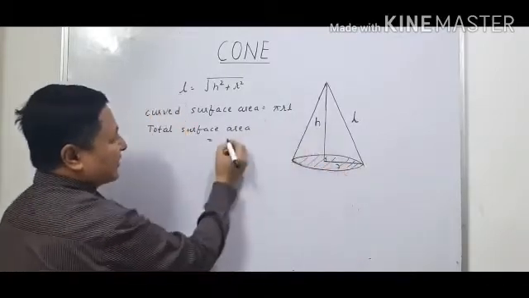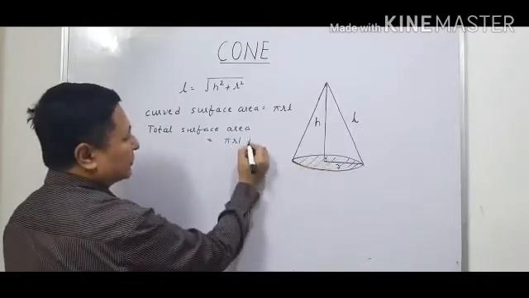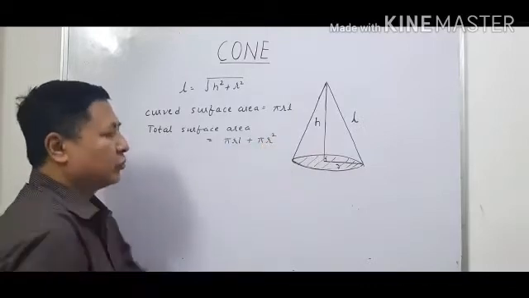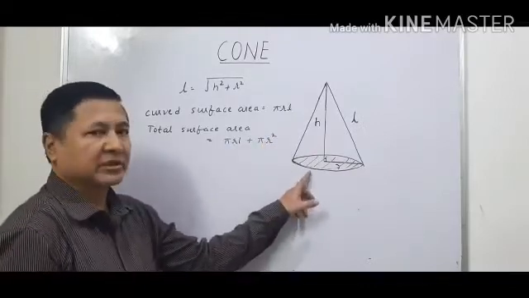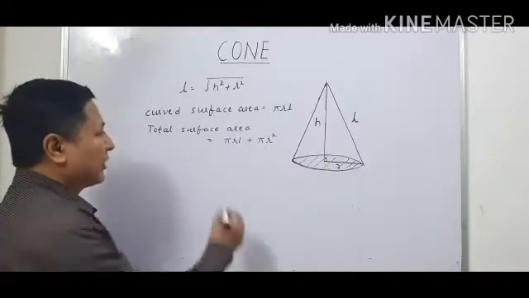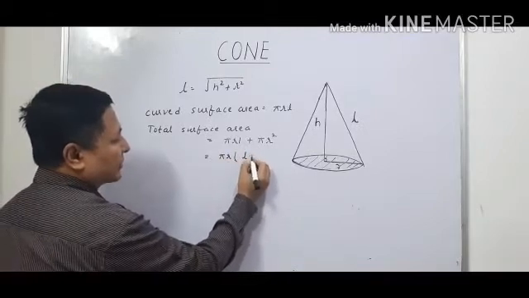The curved surface area is pi r L, and if we add the base also, then we get the total surface area. The base of the cone is in the form of a circle, so the area of the circle is pi r square.